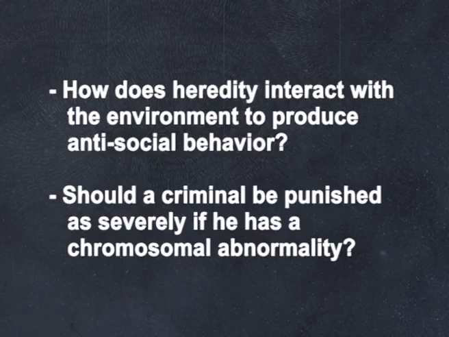For example, how does heredity interact with the environment to produce antisocial behavior? Explain to me: genetically, okay, then environmentally? Genetically we are proving it, XYY, but how can you link it with environment?